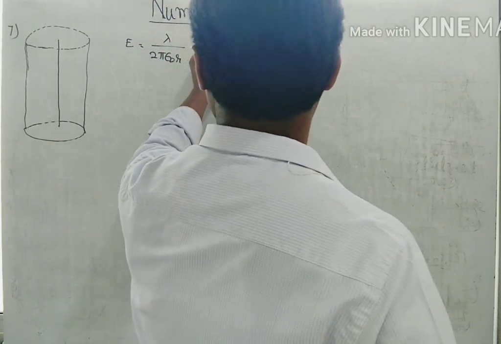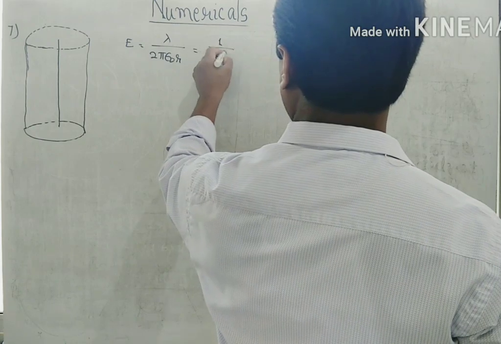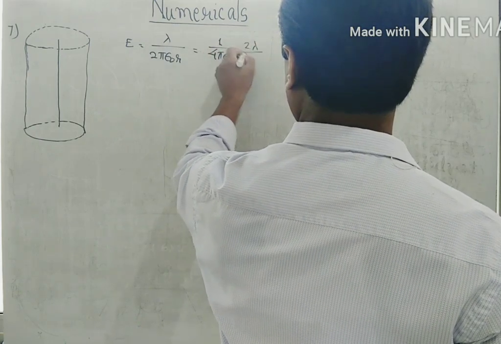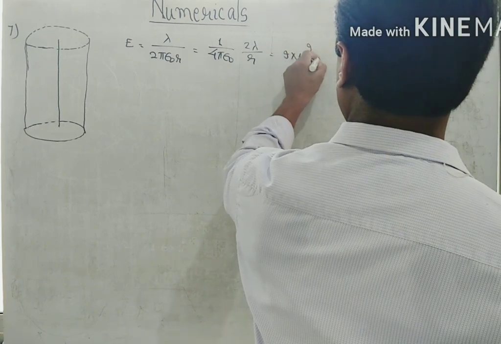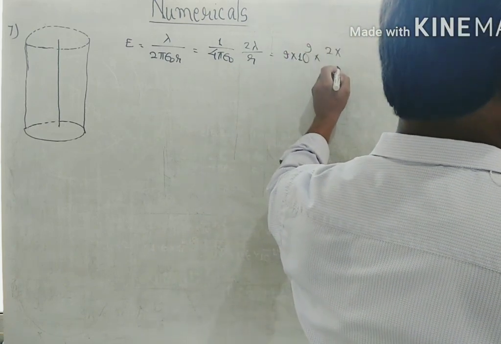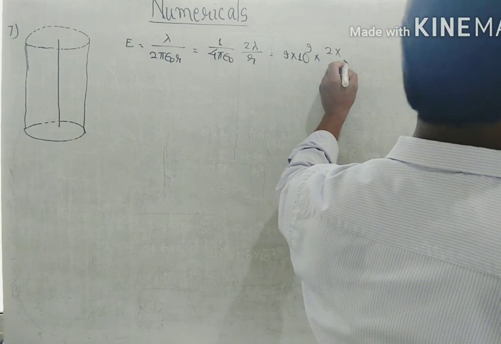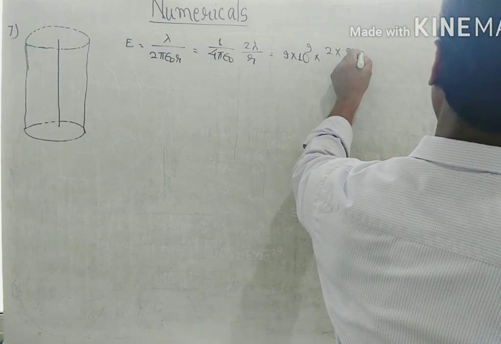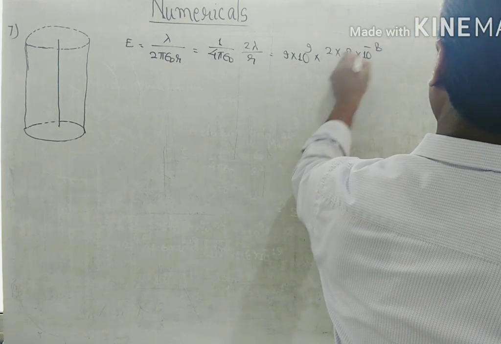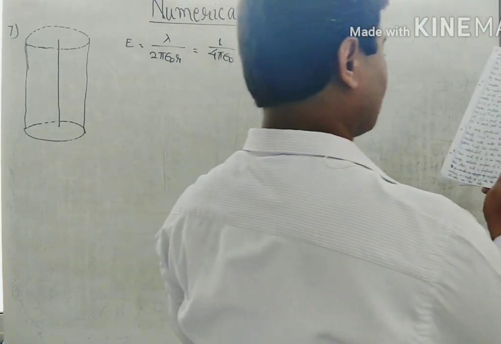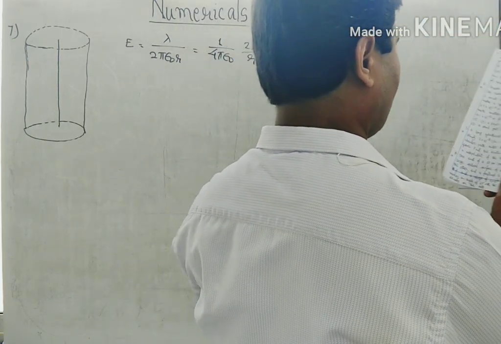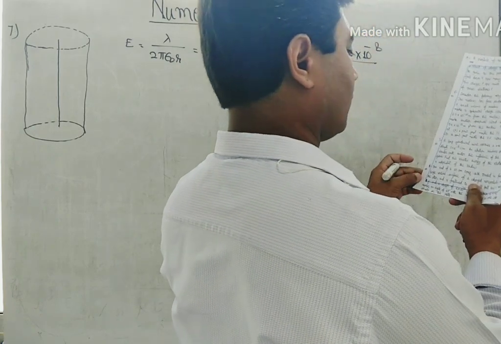So here you can write it as 1 upon 4 pi epsilon naught into 2 lambda by r. So this value is 9 into 10 power 9, directly into 2 into lambda, given in the question as 2 into 10 power minus 8, upon the distance.